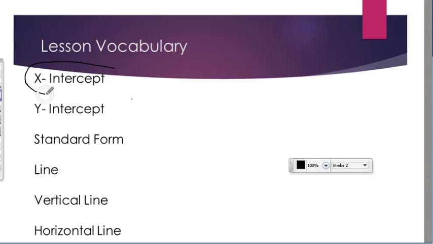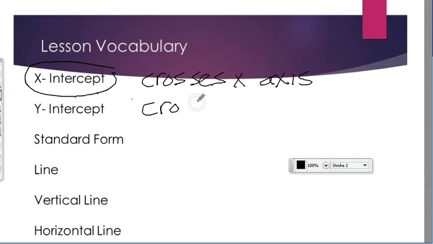So the x-intercept, that's the place where the line crosses through the x-axis. The y-intercept is the place where the line crosses through the y-axis.